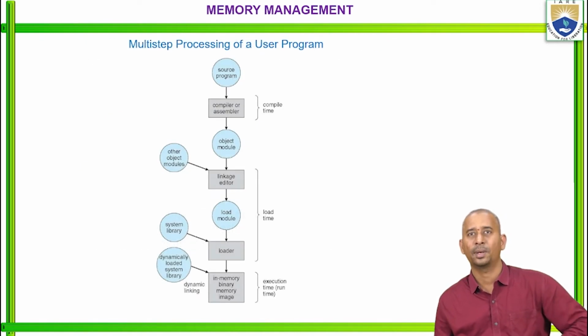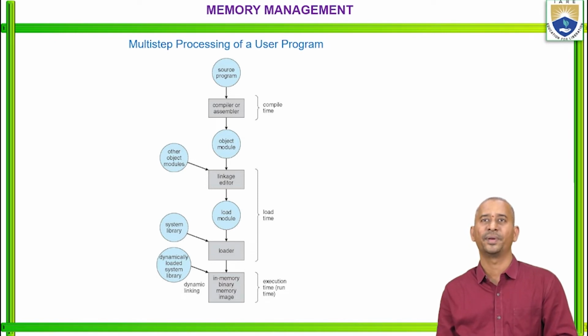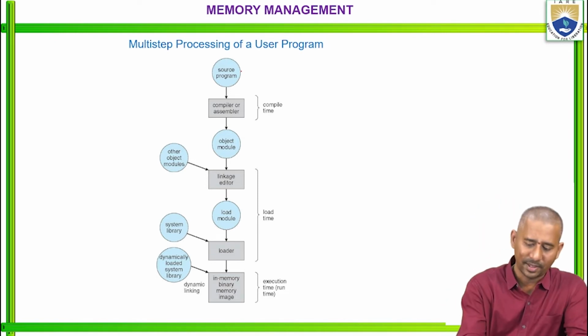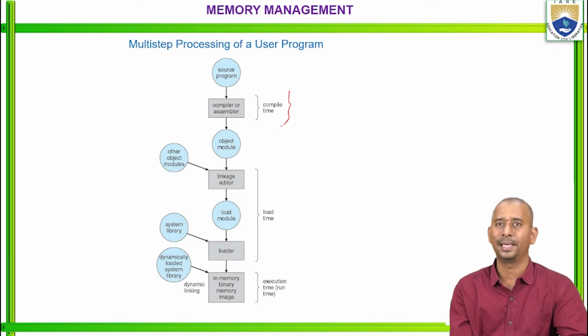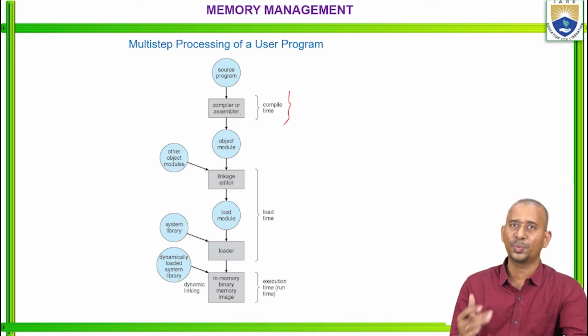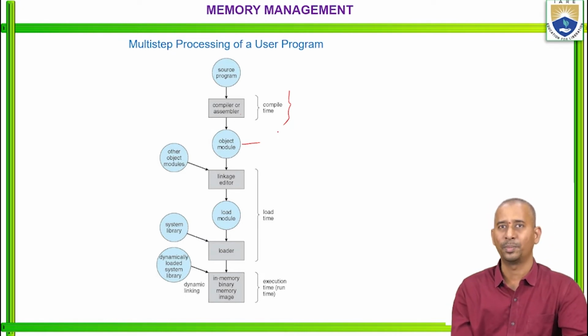See, this is the example of multi-step processing of a user program. Here, this is our source program. Initially, the source program is compiled or assembled. That represents compile time. Once the source program is compiled, it produces the object module.